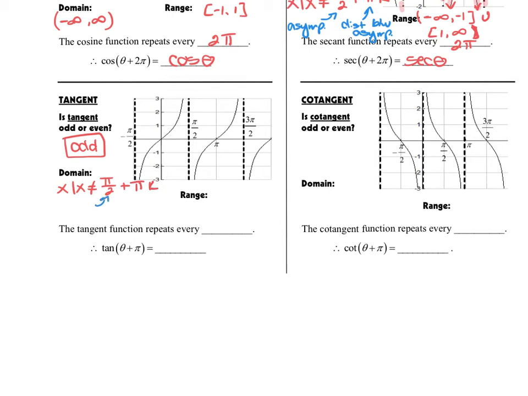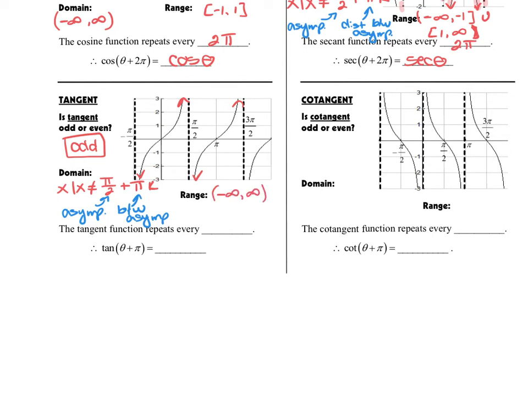Again, if you want to remind yourself, this is an asymptote. This is the distance between the asymptotes. Its range, just like our other graphs, when we get to the edges, these have arrows. So its range is going to be negative infinity to positive infinity.